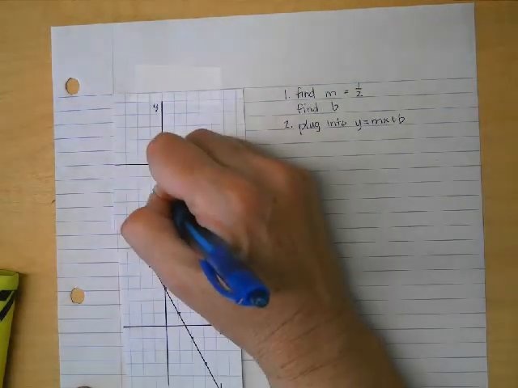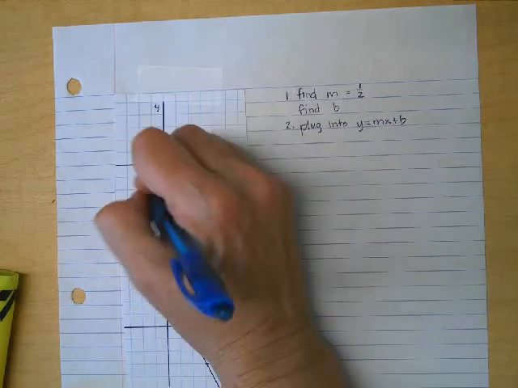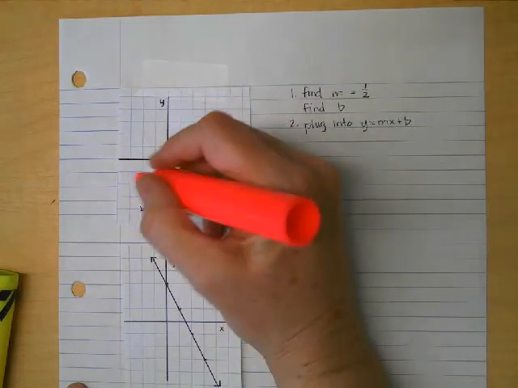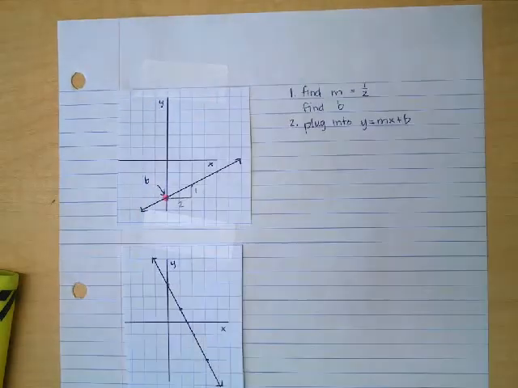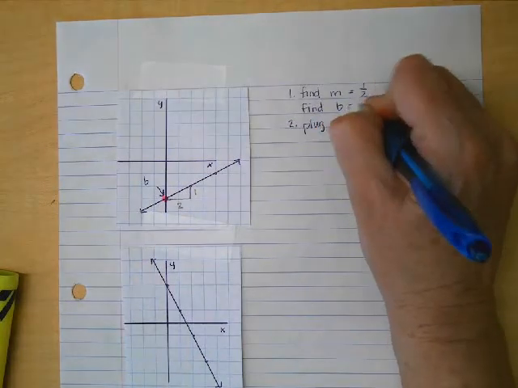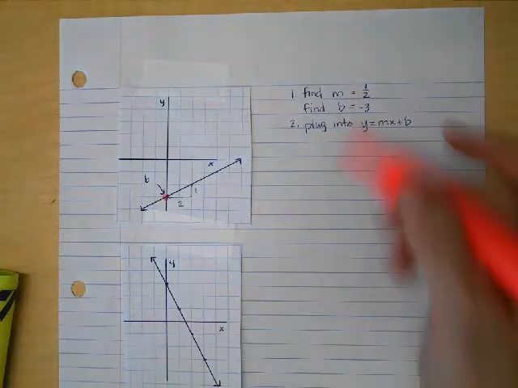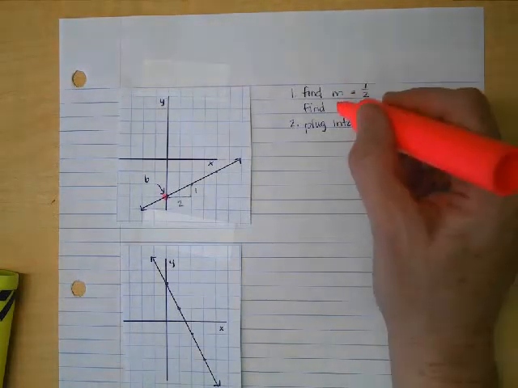This right here is my y-intercept. That is where b is at. So b is right here, and that is the point -3. That's where I got that from.